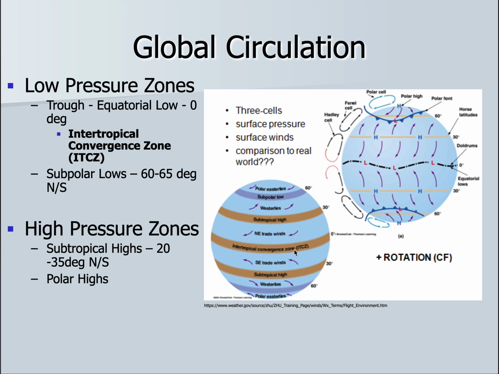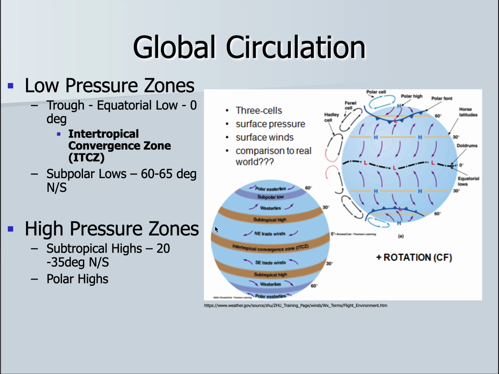We're calling it a zone because when the sun is at the equator, that's where the low pressure cell is. When we move from March and we move northward, that low pressure cell is going to move with the sun. So the low pressure cell is going to be up here, and then we go from April to May, and then the low pressure cell is going to move here, and then in June the sun is going to move to 23.5 degrees north latitude.